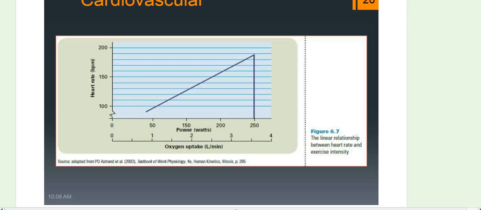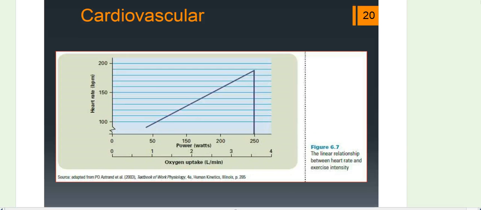This graph is looking at our heart rate and power and oxygen uptake. So as our heart rate increases, the oxygen uptake increases and our power will also increase. And it is a linear relationship.